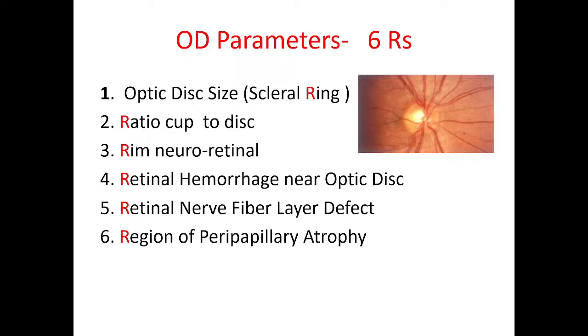Second, can you see this pale part in the center of the disc? It is called the cup. So what is the cup? I told you, in the disc all the nerve fibers, the retinal axons, pass through to form the optic nerve.